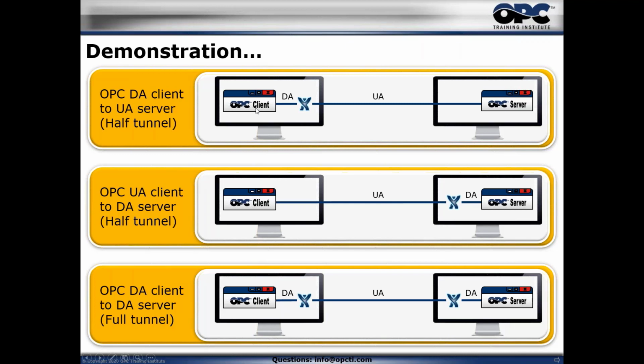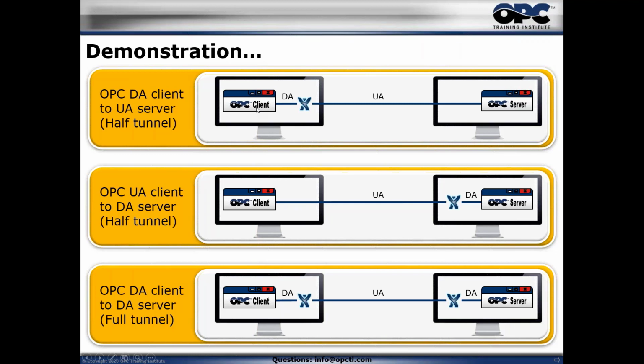So for the DA client, I'm going to be using OPC Quick Client from Kepware. OPC Quick Client is a free OPC client made by Kepware. They also make OPC servers, and they've got very nice products. And we'll be using their OPC Quick Client to take a look at OPC DA data.